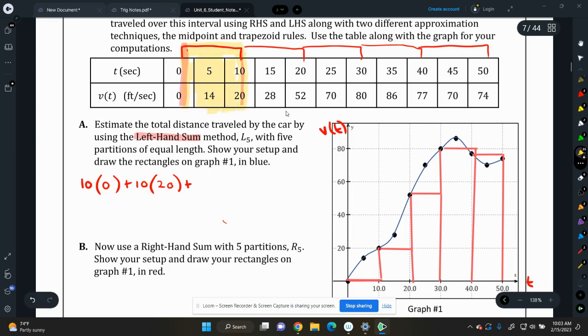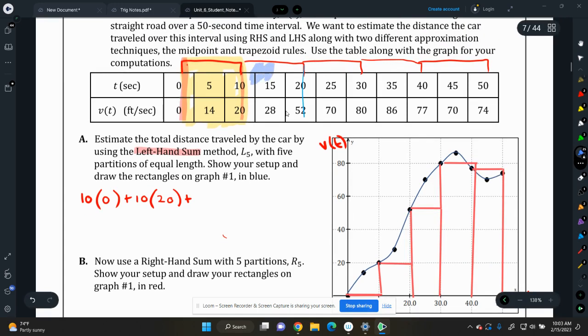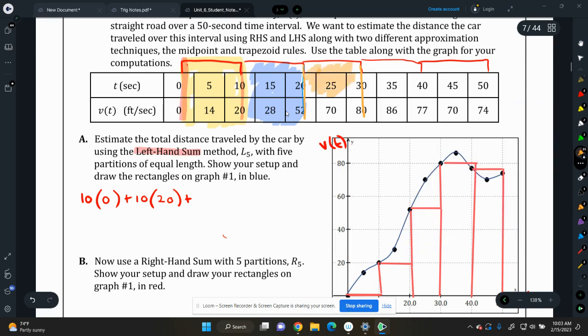And then here's my second rectangle, right here. And my third rectangle is right here.